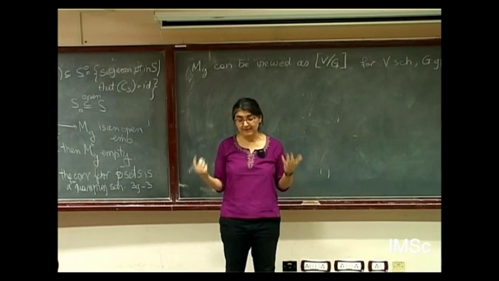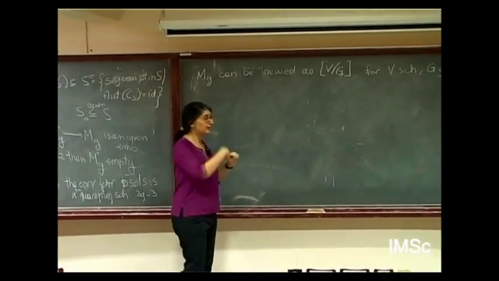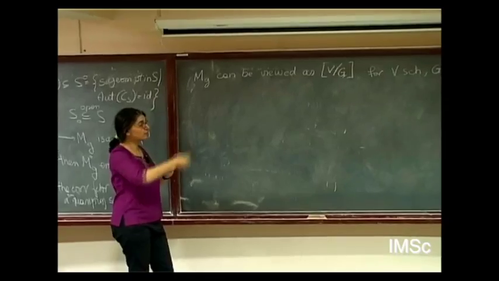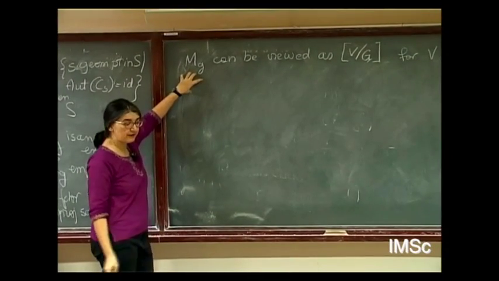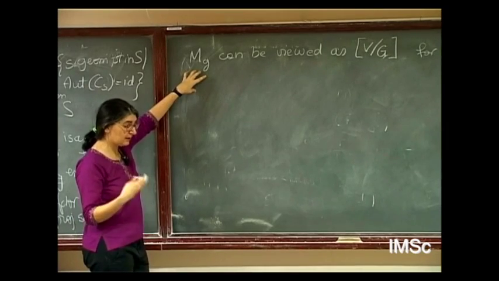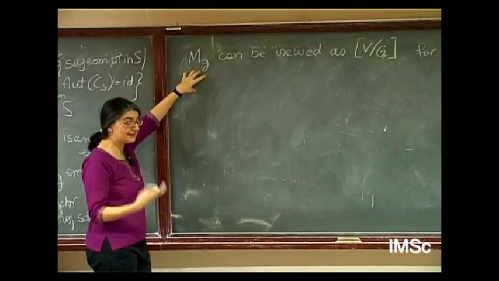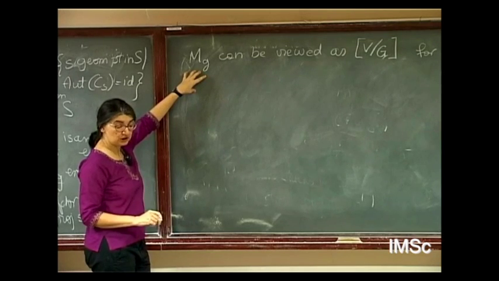It basically means that you have to produce a principal G bundle over Mg, which is a scheme. So you have to add additional structure such that now the objects become rigid.